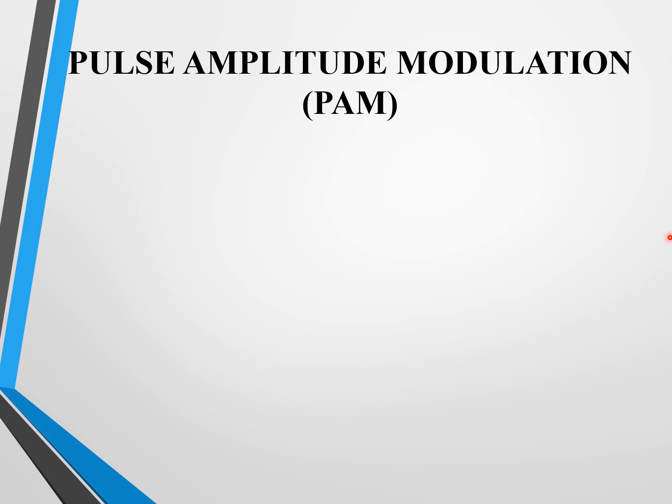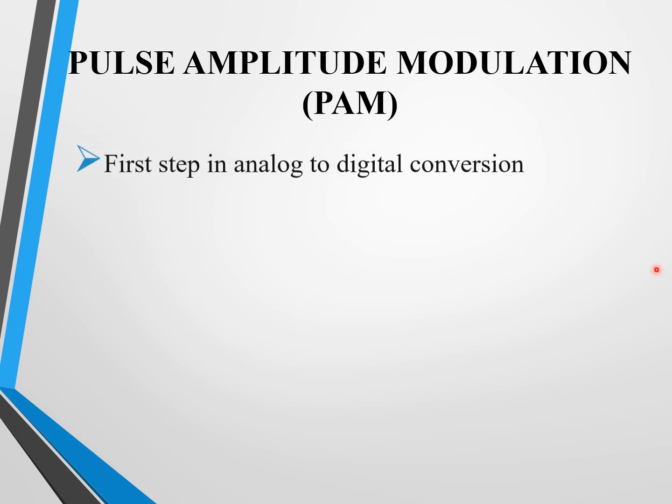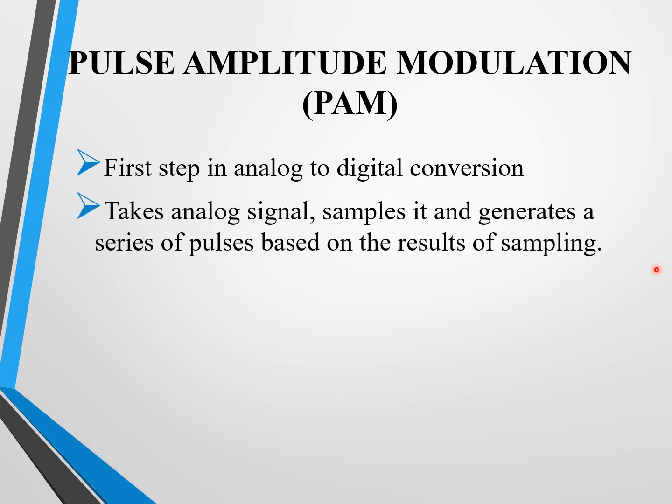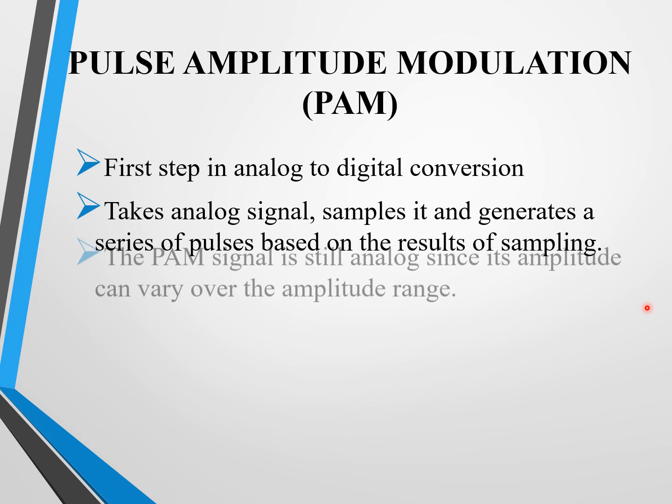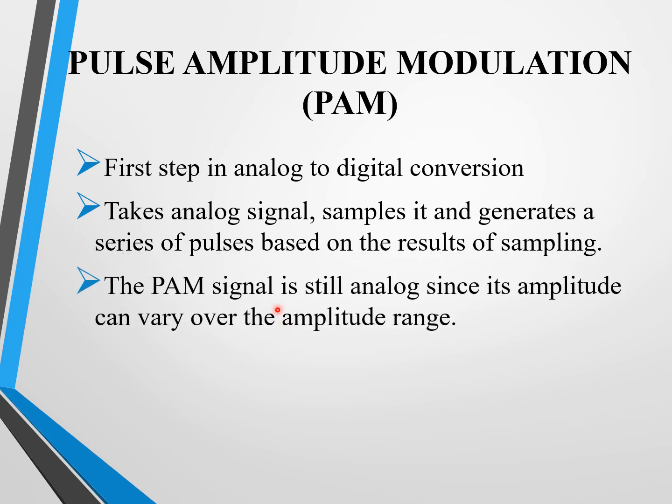Students, the first step to convert analog data into a digital signal is pulse amplitude modulation. What is pulse amplitude modulation? It takes the analog signal, samples it, and generates a series of pulses based on the result of sampling. The PAM signal is still analog since its amplitude can vary over the amplitude range.